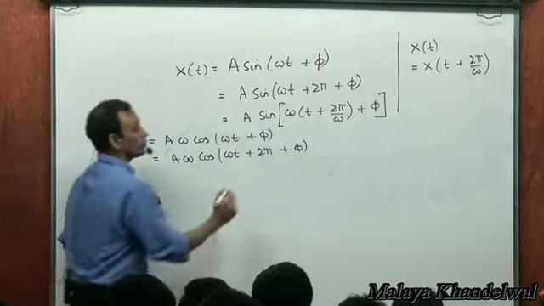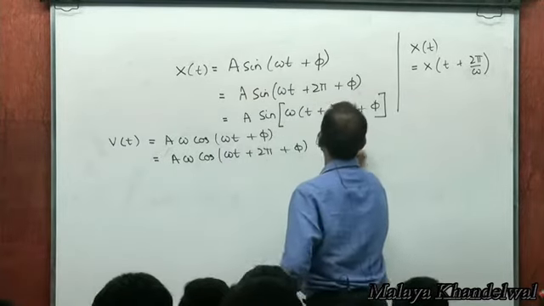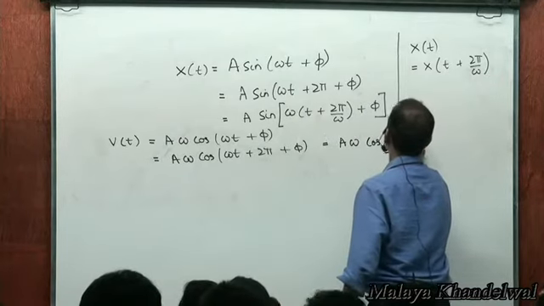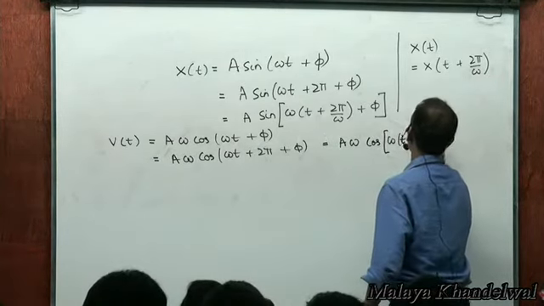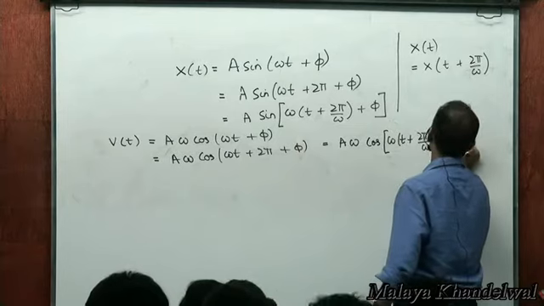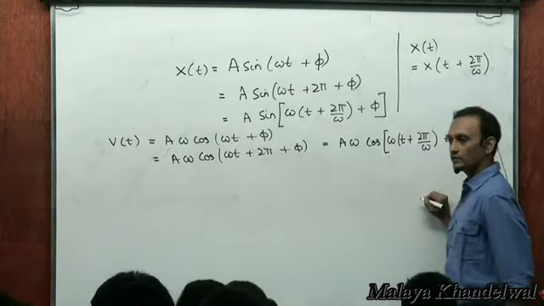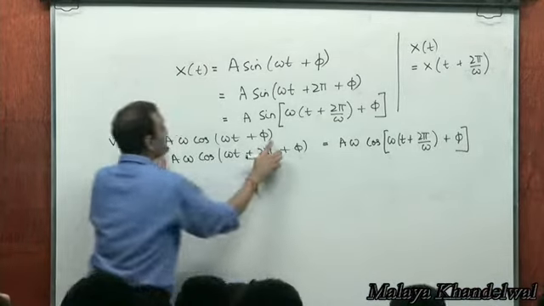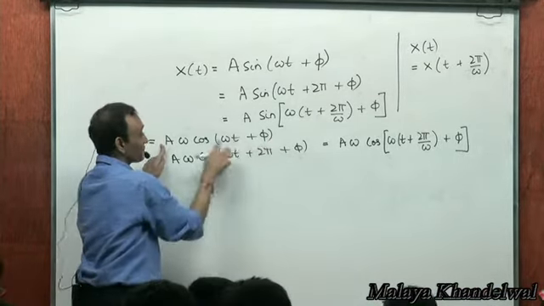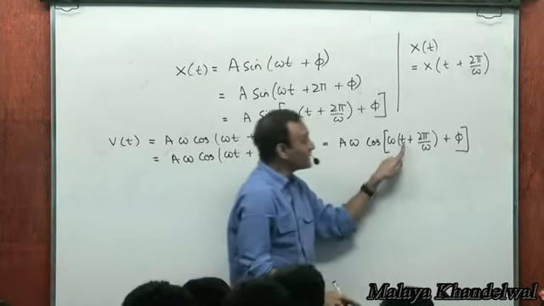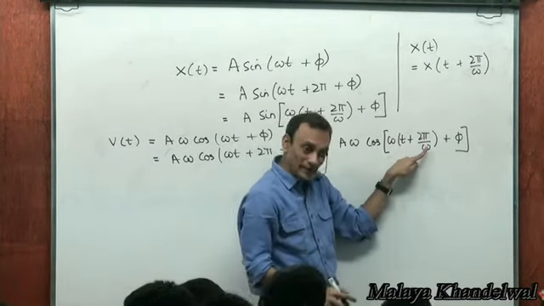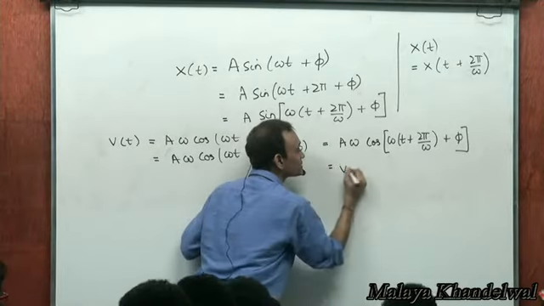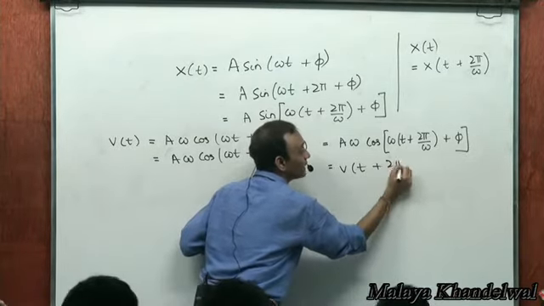Clear? This could have been written as a omega cos omega t plus 2 pi by omega plus phi. Yes or no? This is v at an instant of time t. This is v at an instant of time t plus 2 pi by omega. Yes or no? Yes, sir. Right.